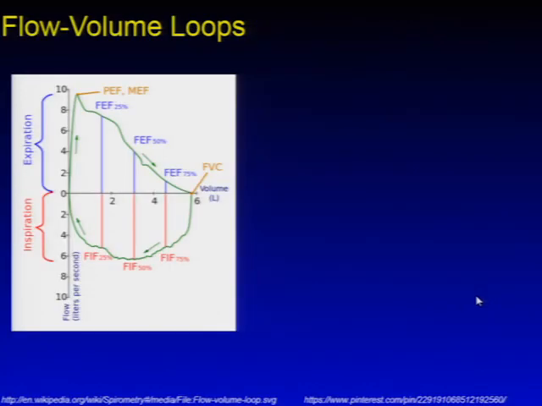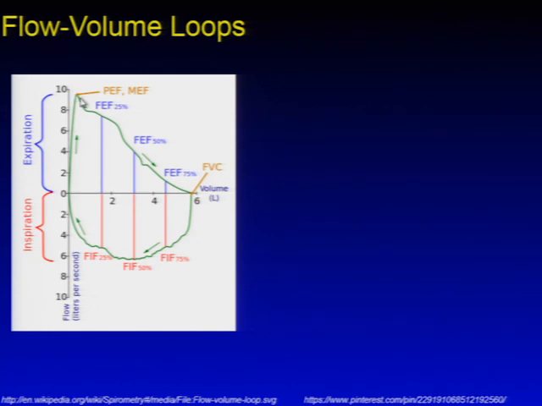So when you use the spirometer, this is the curve you can get. This is called the flow volume loop. The starting point before you blow your air into the spirometer is here, at 0, okay? And then at the maximum expiration, the flow is registered like this, and reaches the peak expiratory flow.